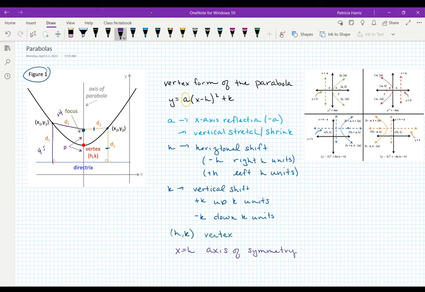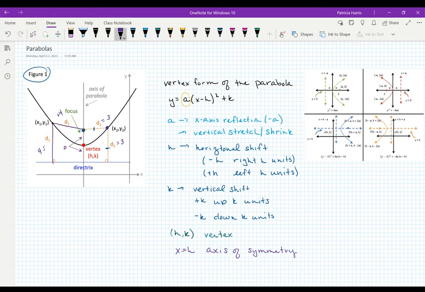If we choose another point, x2, y2, let's say we get 3. Well, this distance right here will be 3. This diagram is a little bit off scale, but the distances from the focus to the parabola and then the parabola to the line of the directrix are going to be equal.